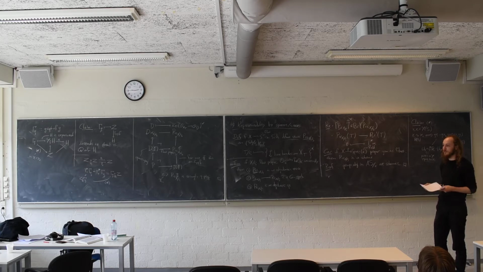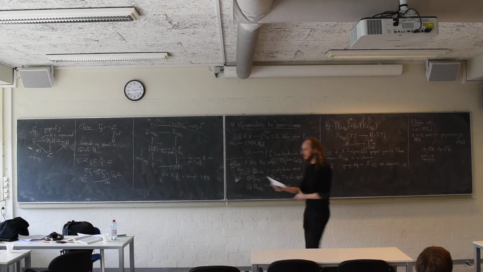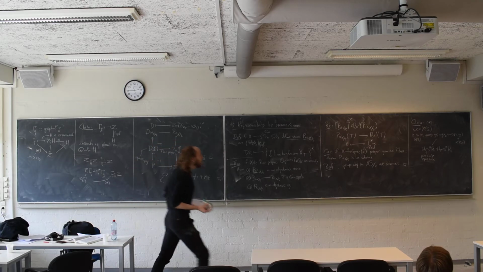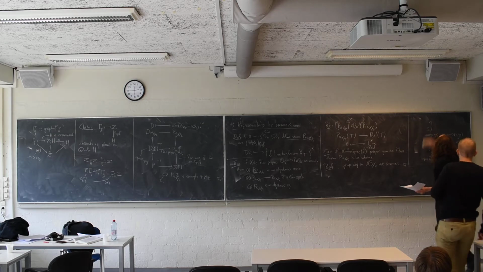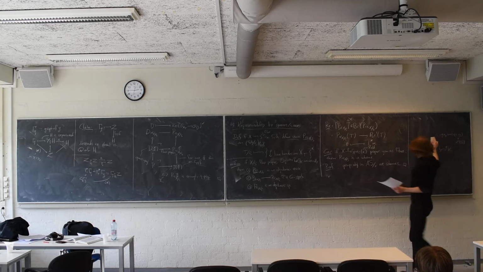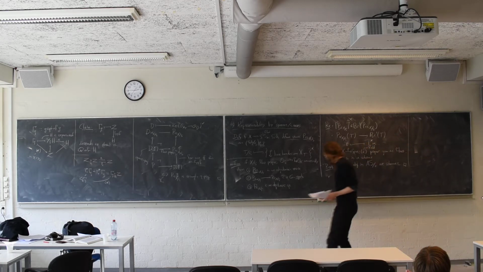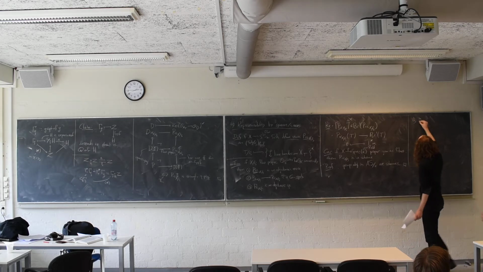Some basic properties. Can I just list them? I'll just list them. This is going to be a very short section.